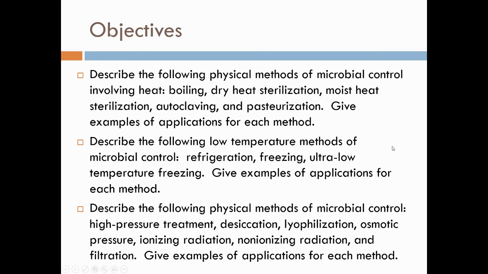So our physical methods include using heat in a number of different ways, refrigeration, so temperature, and then some other physical methods like high pressure, desiccation, lyophilization, osmotic pressure that we've talked about, and radiation.